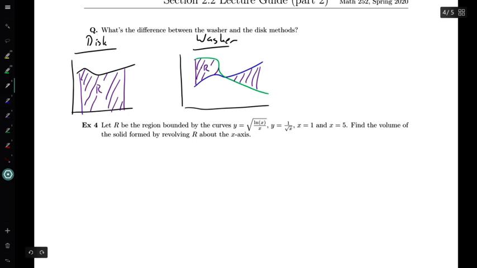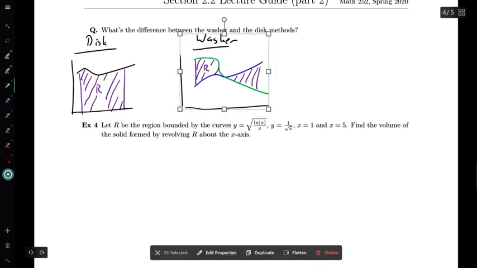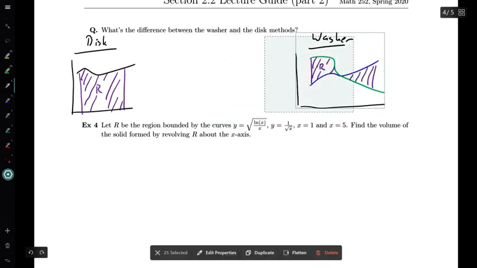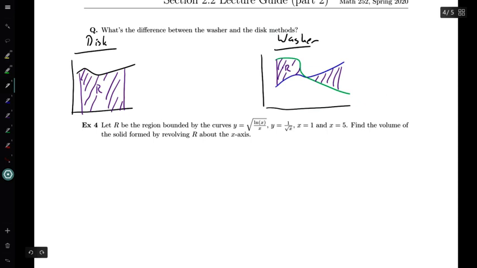And the formulas that we had for the disk method were something like the volume ended up being the integral. Let's separate these out a little bit. The volume in the disk method ended up being something like the integral from a to b of pi times f of x squared dx.